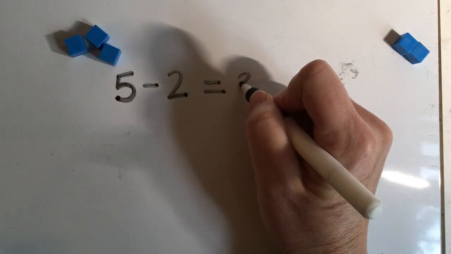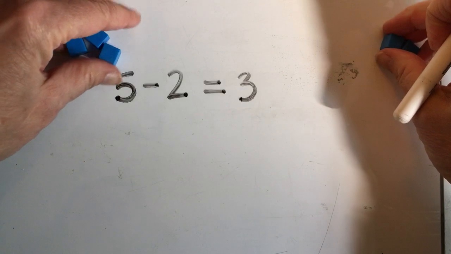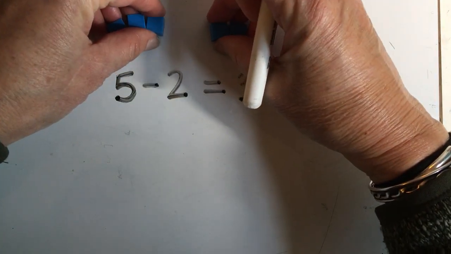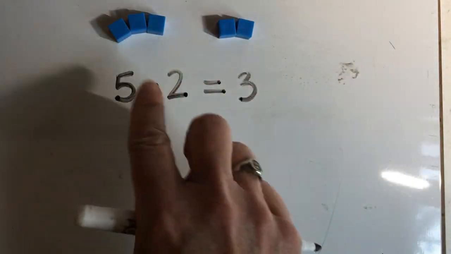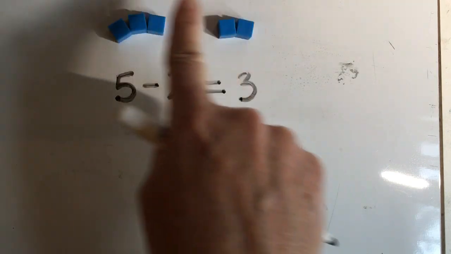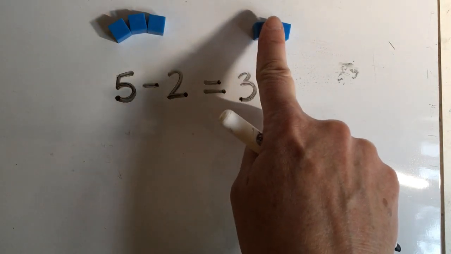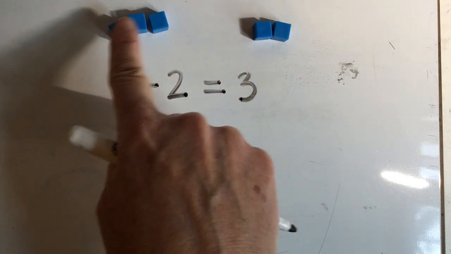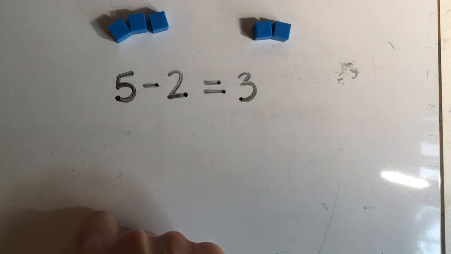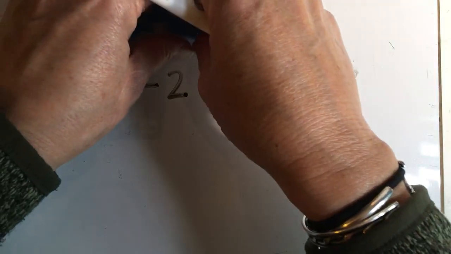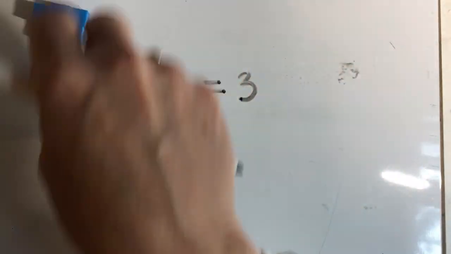Yeah, 3. So check this out. I'm going to put it right up here so you can see that 5 in all minus 1 part, 2, equals the other part, 3. Right? Good.